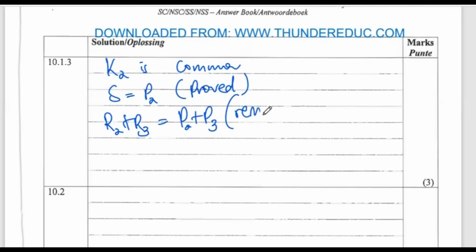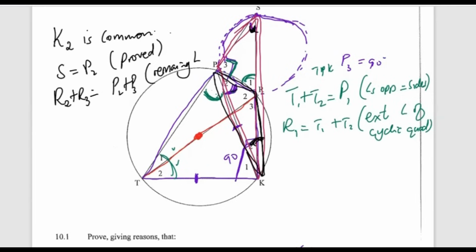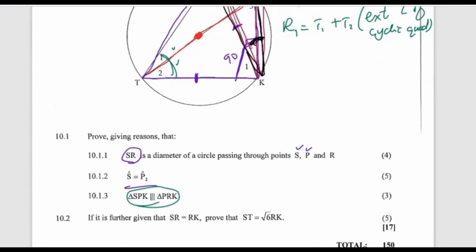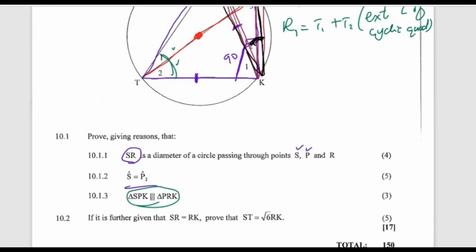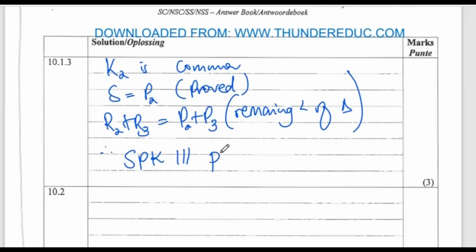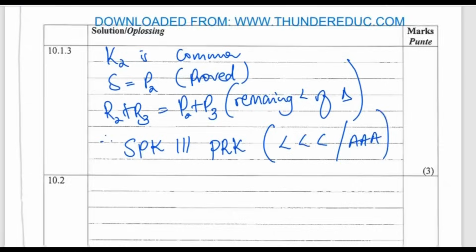Reason, that is the remaining angle, and it's fine. Therefore, having obtained those three facts, we can say that SPK is similar to PRK. The reason is going to be angle, angle, angle, or you can just use triple A, no problem.